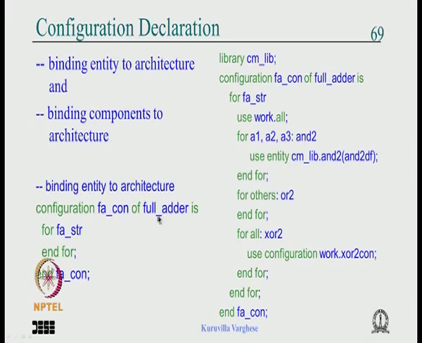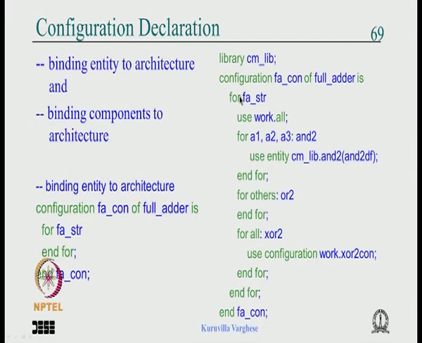So this particular entity is bound to this particular architecture, but assume that you have a lot of components declared and you want to bind those components to a specific library. That can be specified within this body of, like you say, for FA_str N4. Within this you can specify as we have specified in the configuration specification.